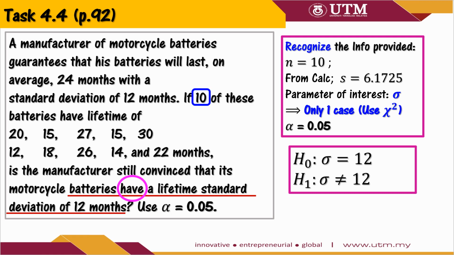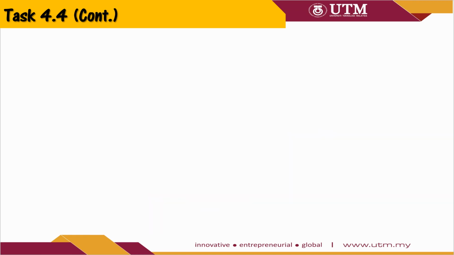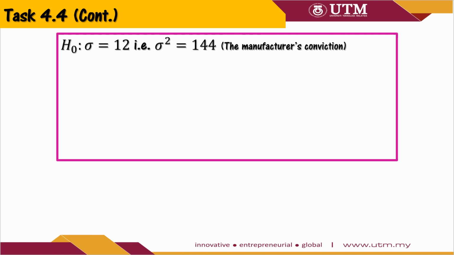How to write the decision rule then? Let's look further at the next slide. Continue with solving task 4.4. We already decided on the null hypothesis H0 and the alternative hypothesis H1, which is a two-sided alternative hypothesis. When we test sigma equal to 12 under H0, this is equivalent to testing sigma squared equal to 12 squared, which is 144.